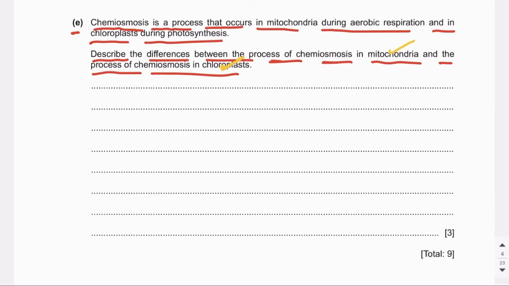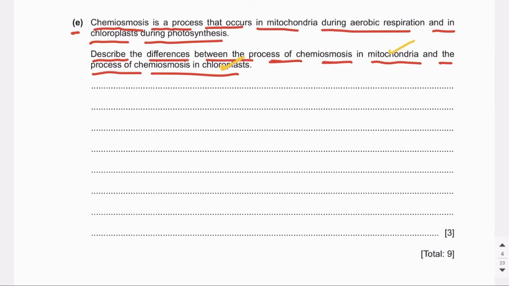And the other differences are that in chemiosmosis in mitochondria, hydrogen ions are pumped from the matrix to intermembrane space, whereas in chloroplasts, hydrogen ions are pumped from the stroma to the thylakoid space. So guys, there are a lot of differences.